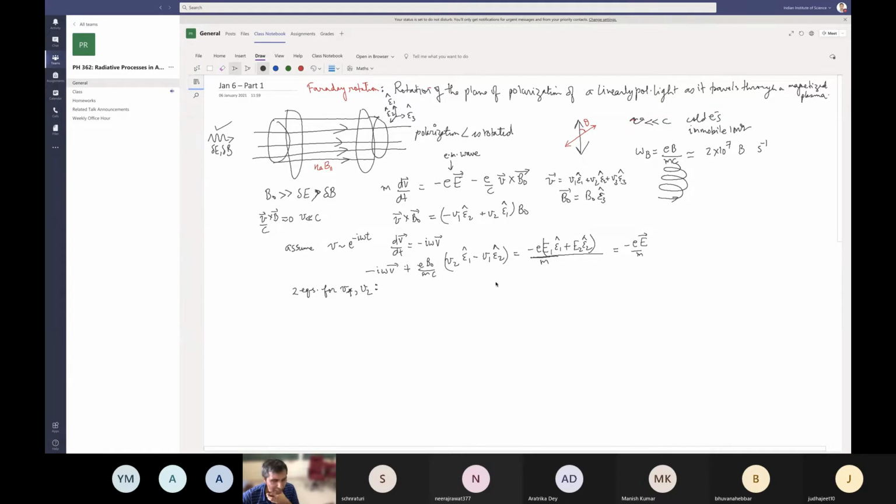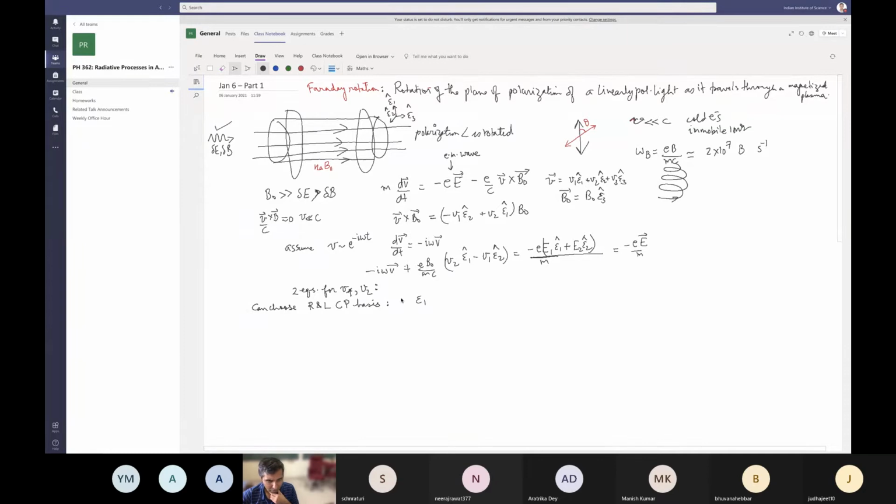So we have two equations for V1 and V2, and what we can do is assume a basis function. We can choose R and L circularly polarized basis. So what are R and L circularly polarized bases?